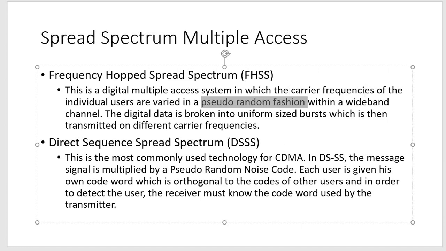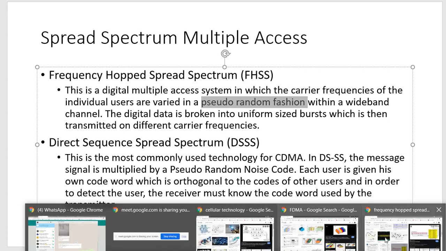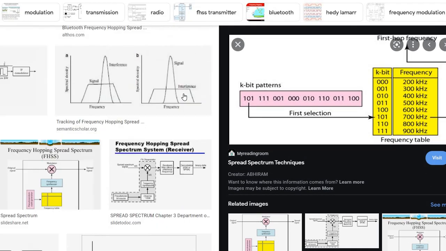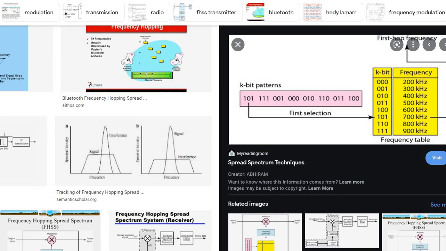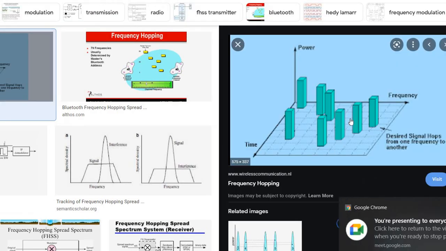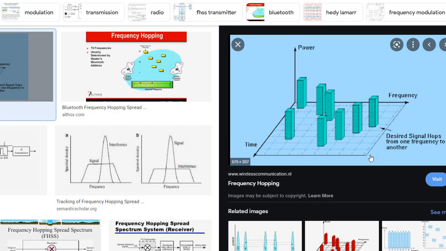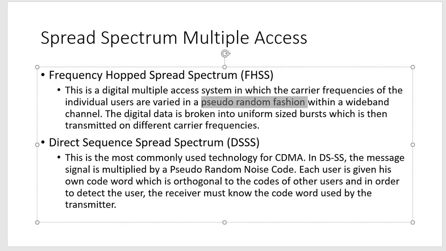We have a total wideband channel here, with time, frequency locations, and the power in this wideband allocation. Each and every channel follows this pseudo-random fashion within the wideband.